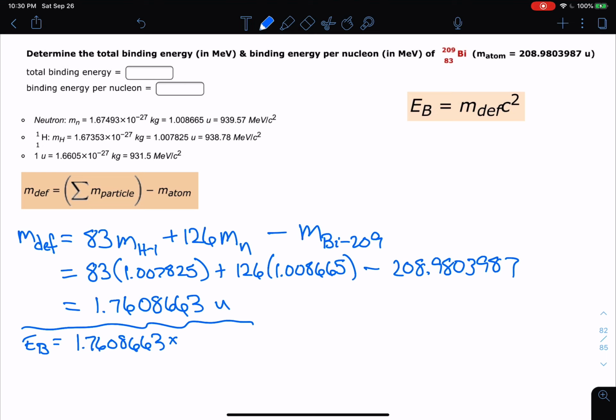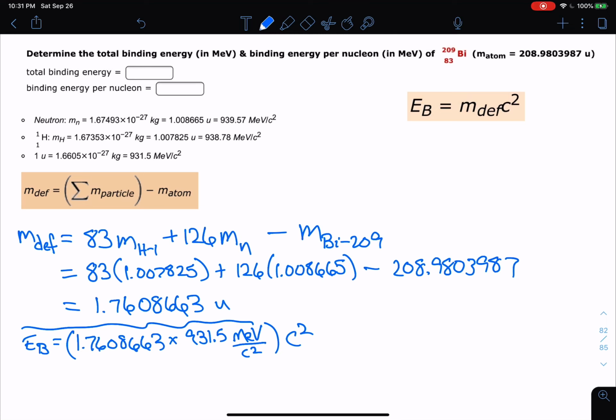This is a wonderful unit to use, as you'll see in just a minute. That's the mass defect, and then I'm just multiplying that times c squared.